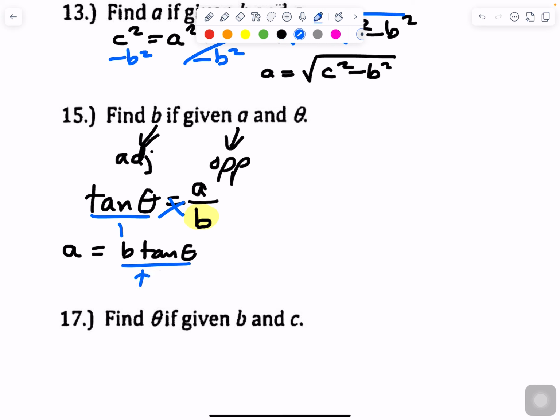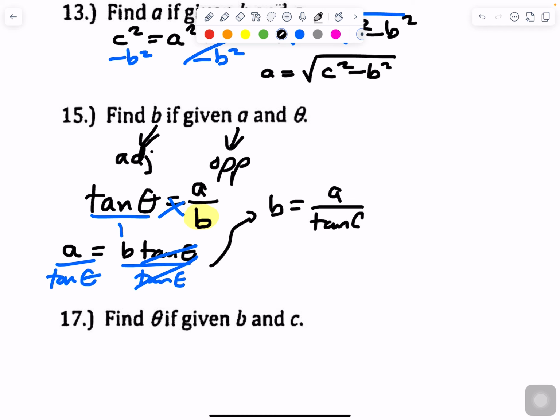And if I divide by tangent of theta to get B by itself, I get B equals A over tangent of theta.